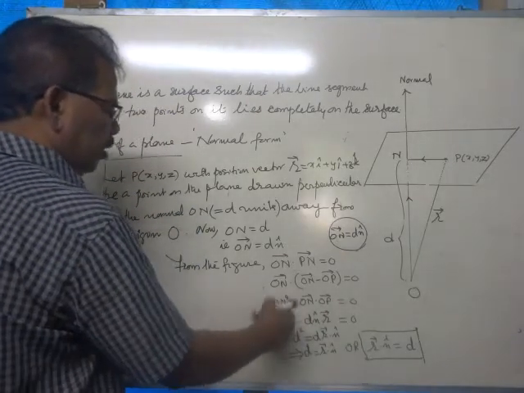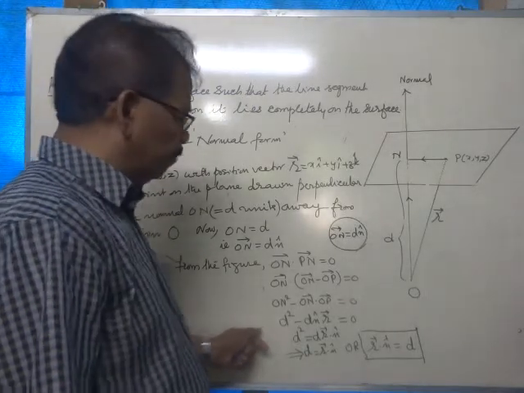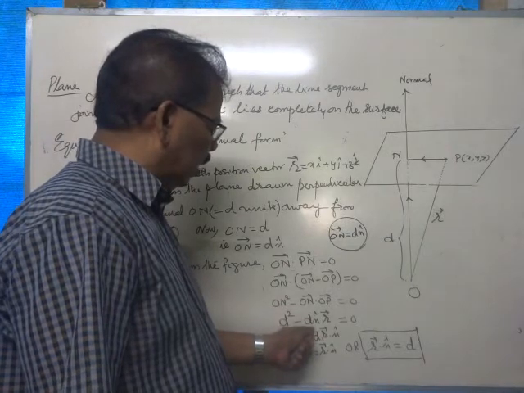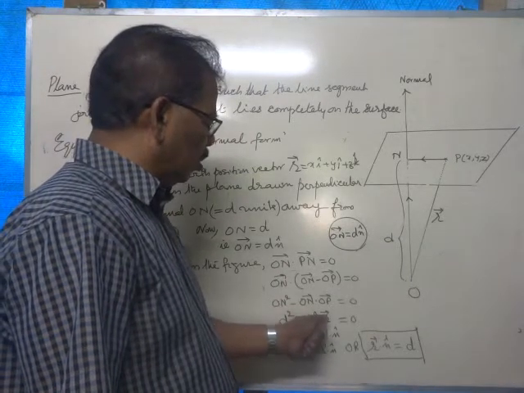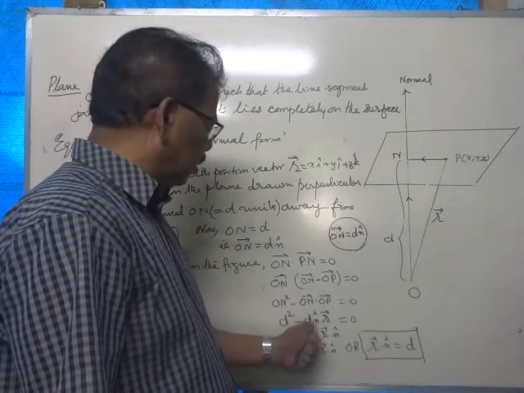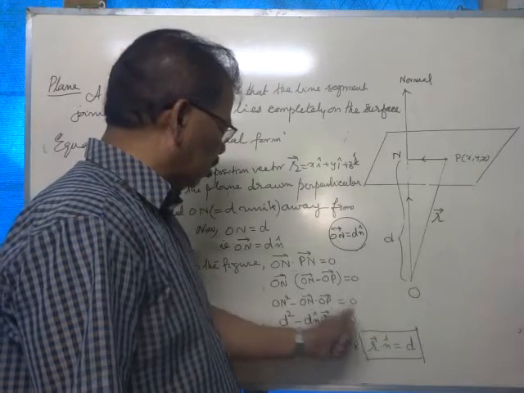Now ON square is simply d square, because the distance ON is d. Then vector ON is d n cap dot vector OP is vector r. d square minus d n cap dot vector r is equal to 0.